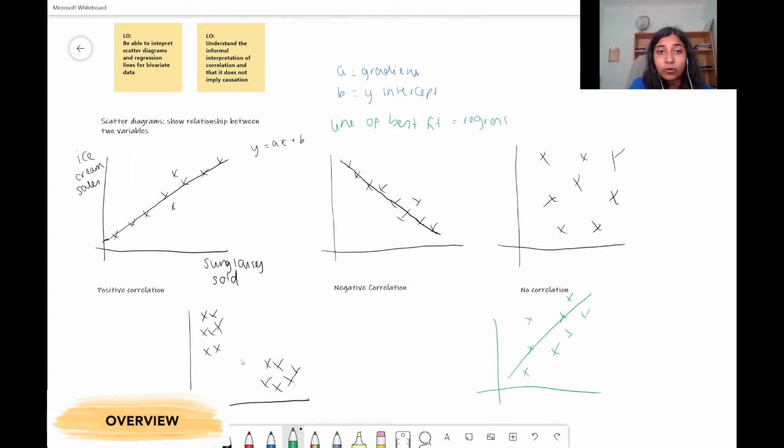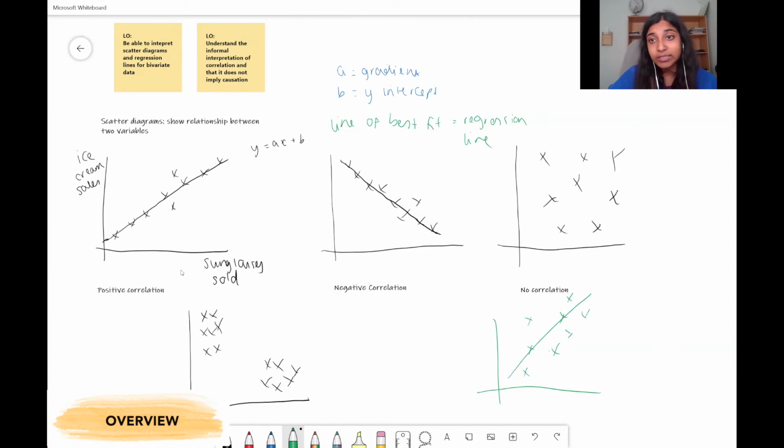That's normally in the form y = ax + b, which I've written here. Your a represents your gradient. If you're asked in a question to talk about your gradient, applying it to the context of your scatter diagram, then your gradient represents how much your y value would increase if you increase your x value by some amount. So if you increase the number of sunglasses by 1, how much would your ice cream sales increase by?